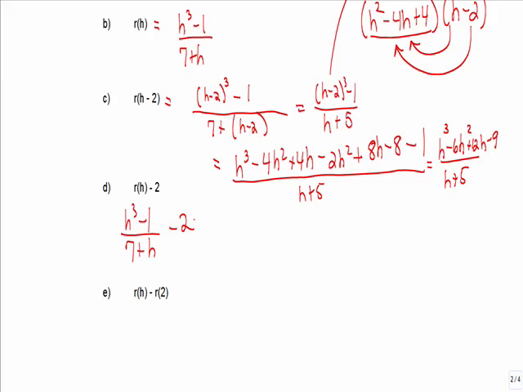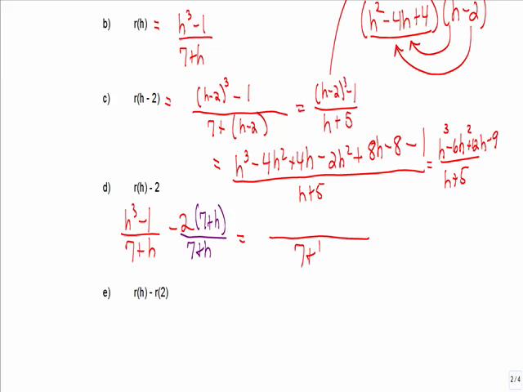Now if I wanted to, again, I could rewrite this by making a common denominator and combining this into one fraction. If I did that, my common denominator would be 7 plus h. And so if I put a 7 plus h in the denominator here, I would need to do the same thing to the numerator. And now I could just simplify.